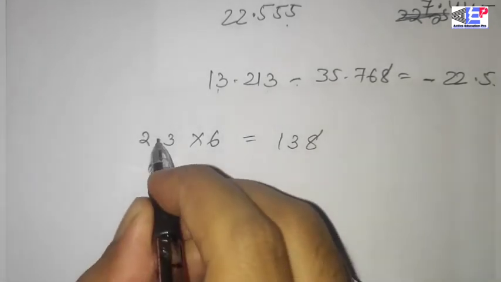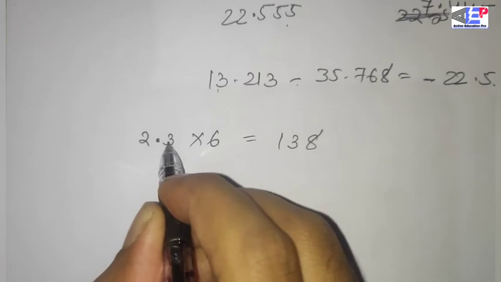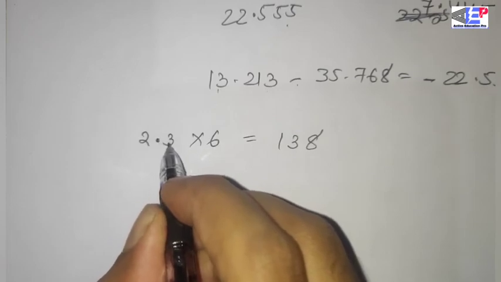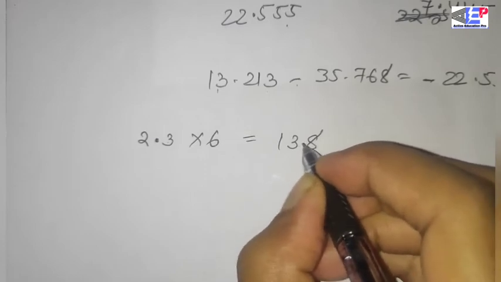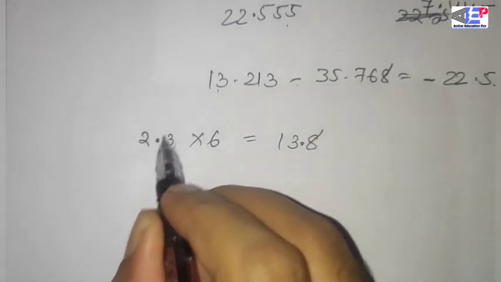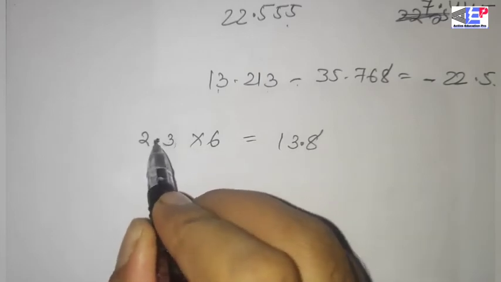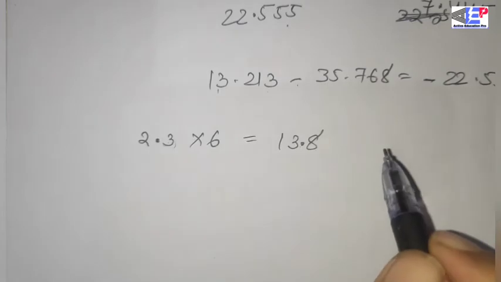But there is a decimal point after one digit from the right side. So put a decimal point after one digit, moving towards the left. Here 2.3 contains one digit towards the right after its decimal point, so the answer will contain one digit after the decimal point.